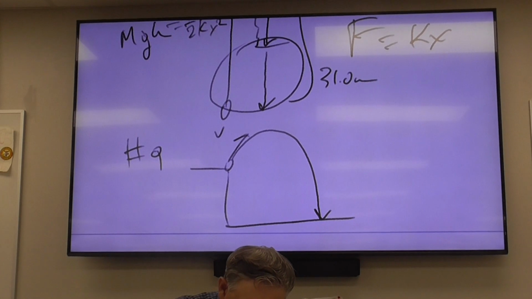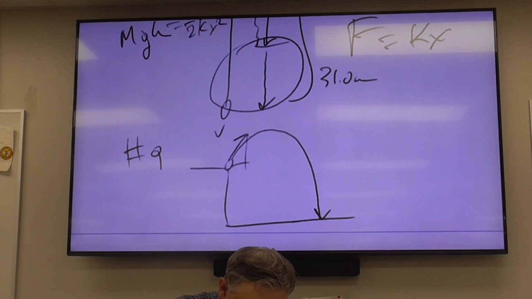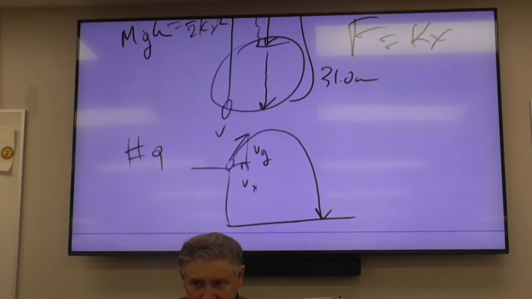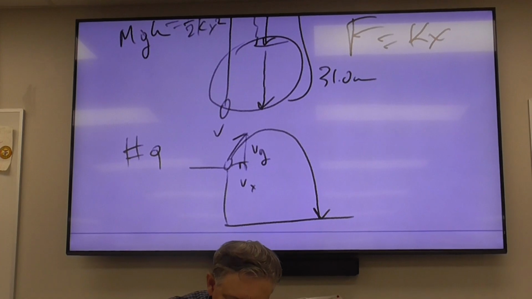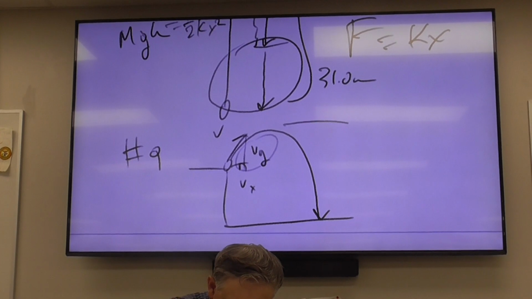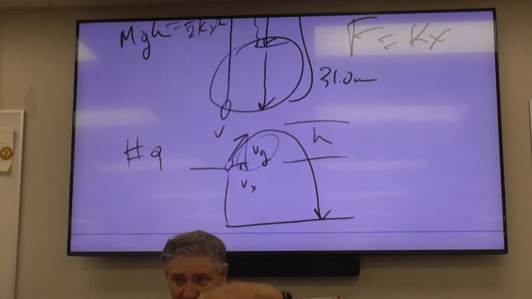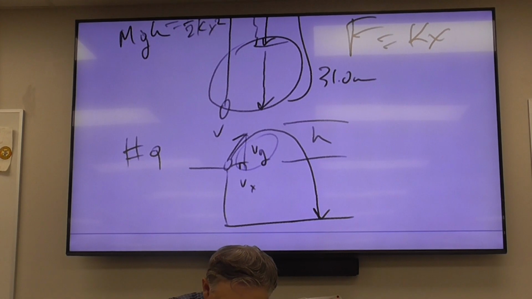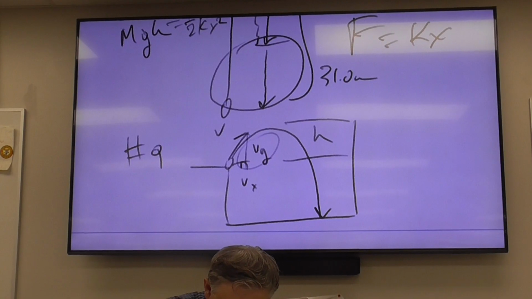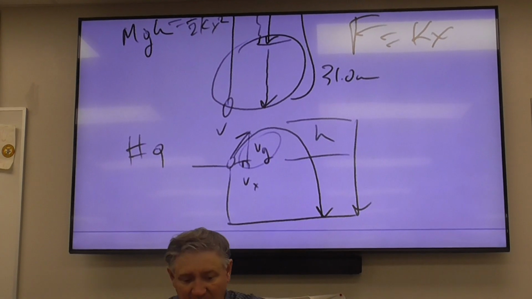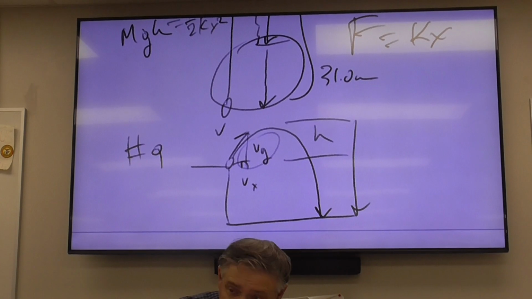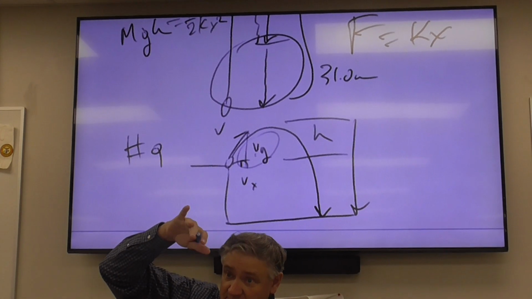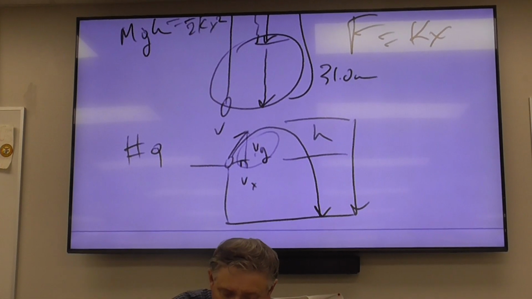You break it up into Vx and Vy. Then, knowing that Vy, you can find the height that it goes up to from beyond the cliff. Then, once you know that, you can find the vertical velocity that it has when it lands, which has to be bigger than the initial vertical velocity because it falls farther.